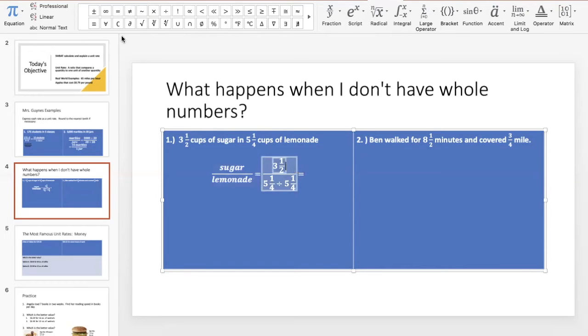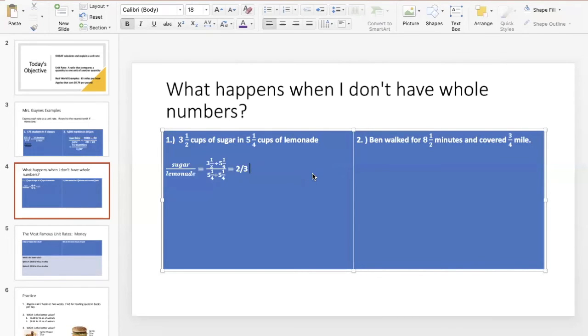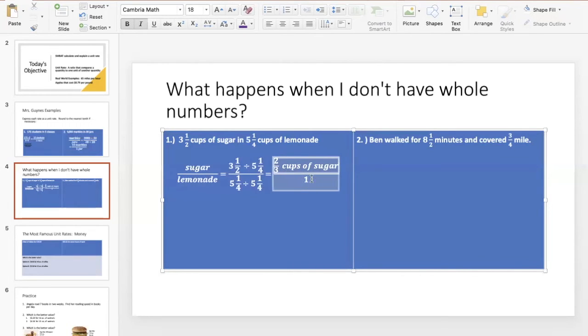And 3½ divided by 5 1/4 is equal to 2/3. So we get 2/3 over 1. That looks kind of funny. What that's telling me is that 2/3 cups of sugar are in 1 cup of lemonade.